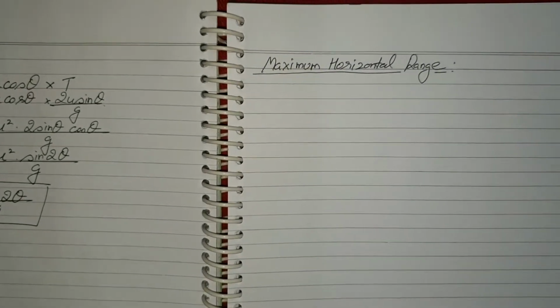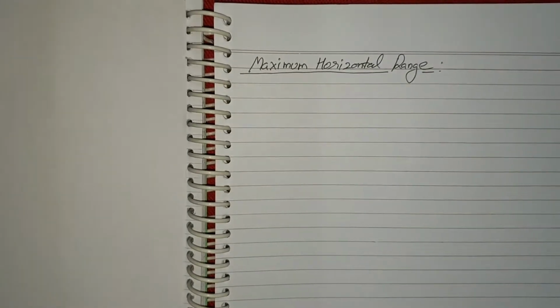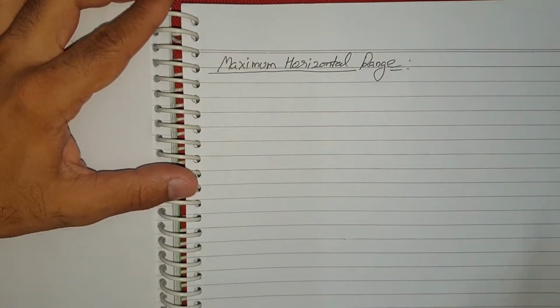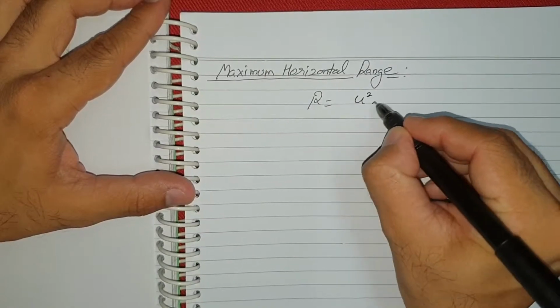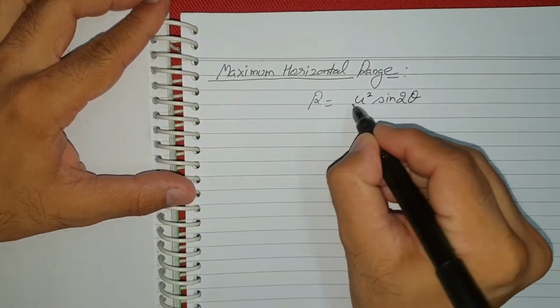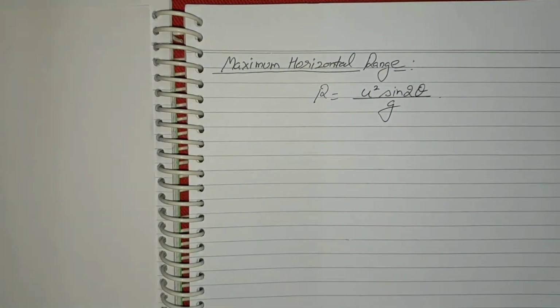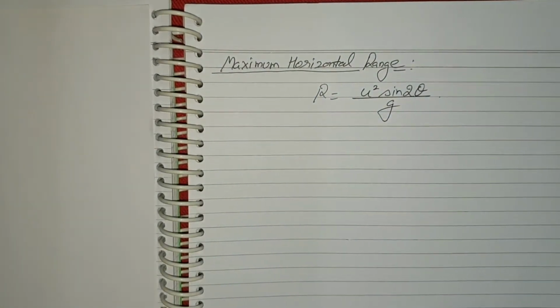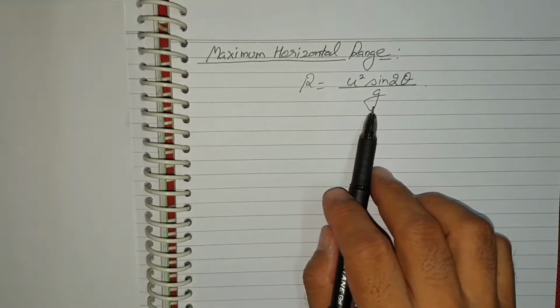Maximum horizontal range. Now see, for the maximum horizontal range, look at the expression of the horizontal range: R is equal to u square sin 2 theta by g. We note that, for a given speed u of the object, the value of the horizontal range depends upon the angle of projection theta, as g is constant at a place.